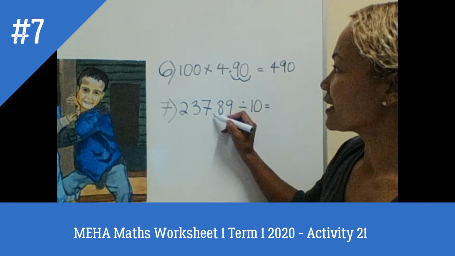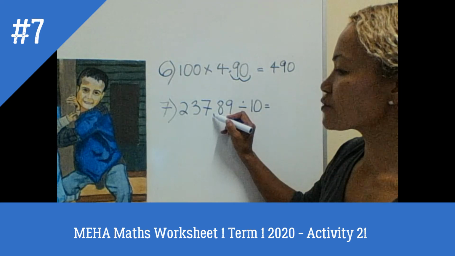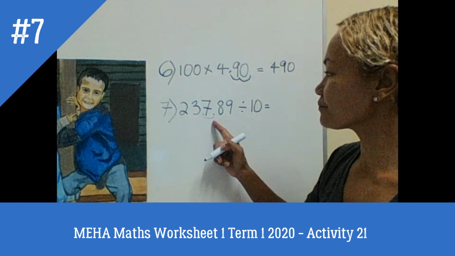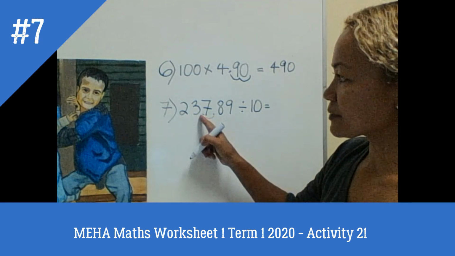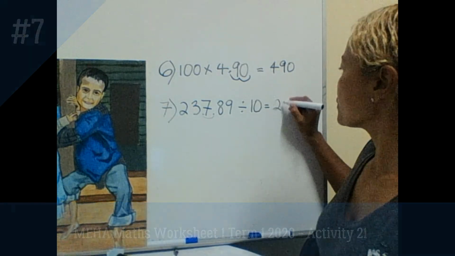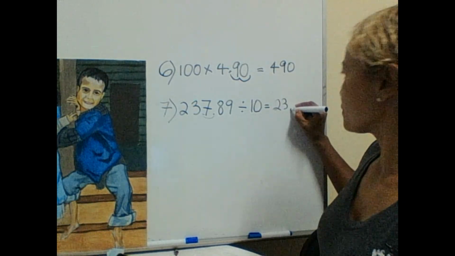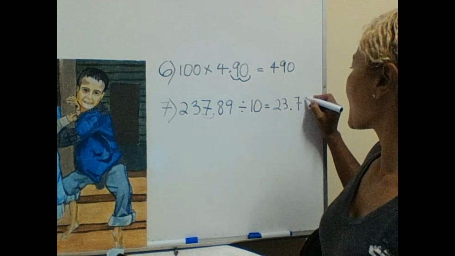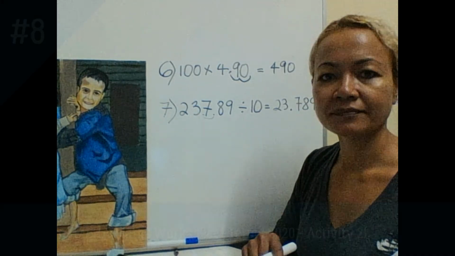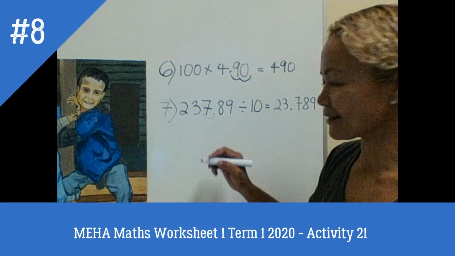Okay, divide. It will move to the left to make the number smaller. The decimal place will now be between the 3 and the 7. So 23.789. Did you get that? Okay.